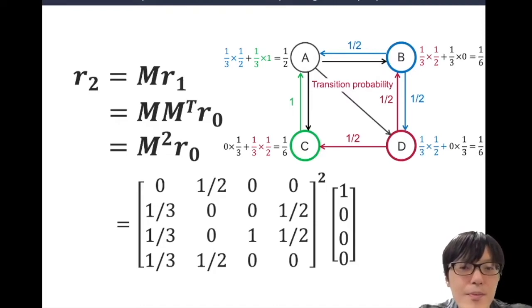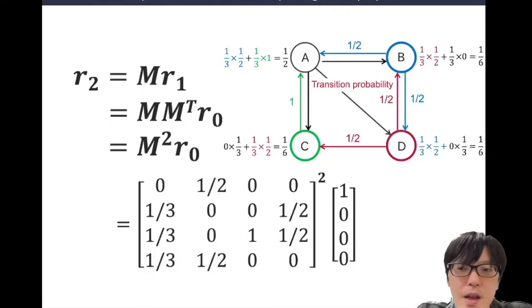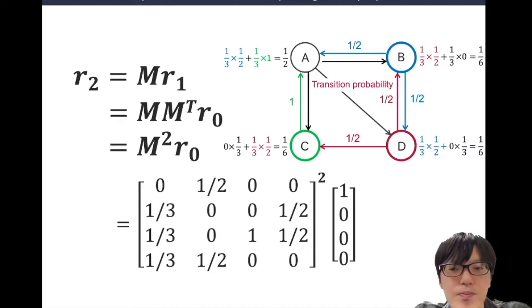The probability R2 is calculated by multiplying the transition matrix M with the R1 vector, which we obtain after the first transition. The probability R1 is calculated by the matrix M times vector R0.